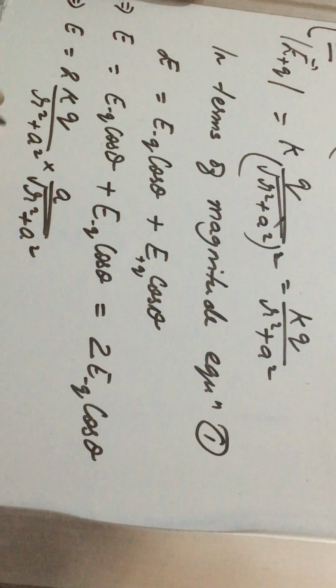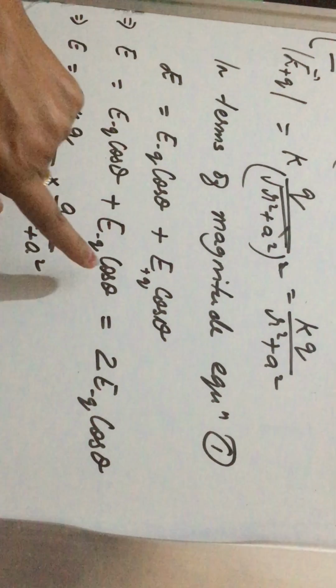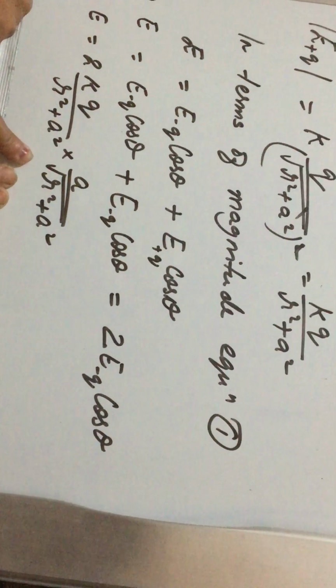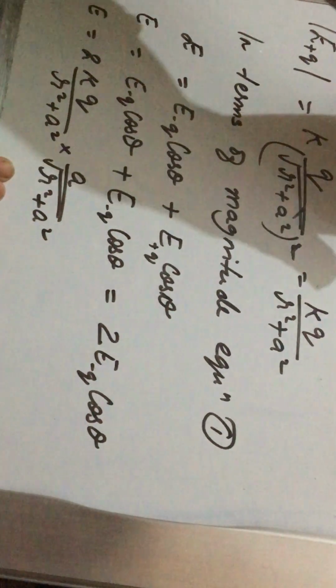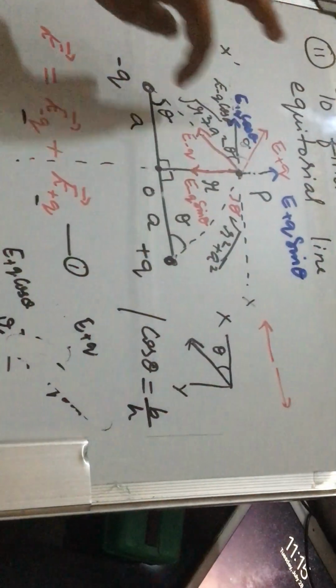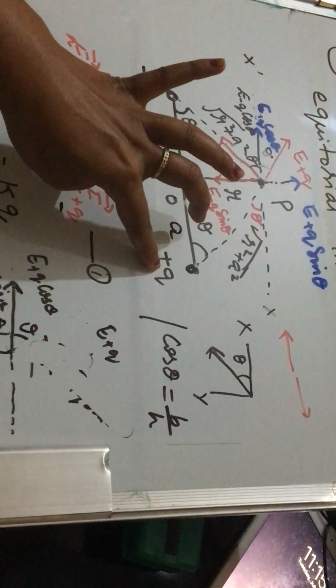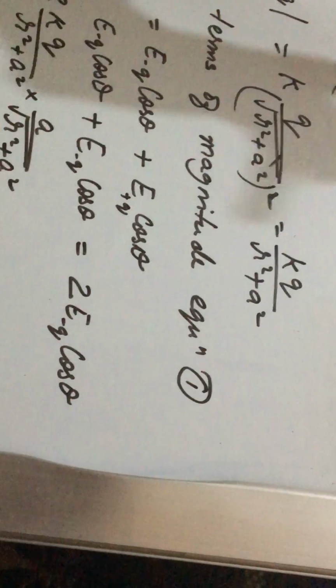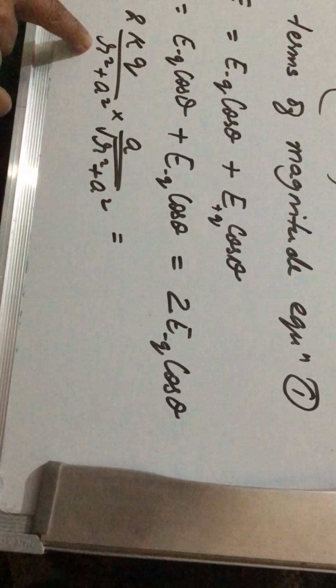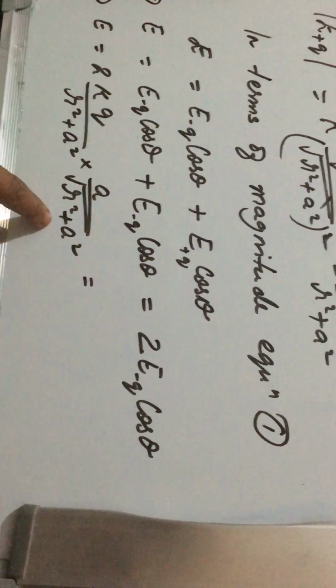Now you might be surprised why I have taken this value in place of cos theta. Actually, here the given parameters in general are a and the distance only, and the charges of the dipole. Theta and these are all we constructed, for that reason. Now this will be r square plus a square, root over r square plus a square.